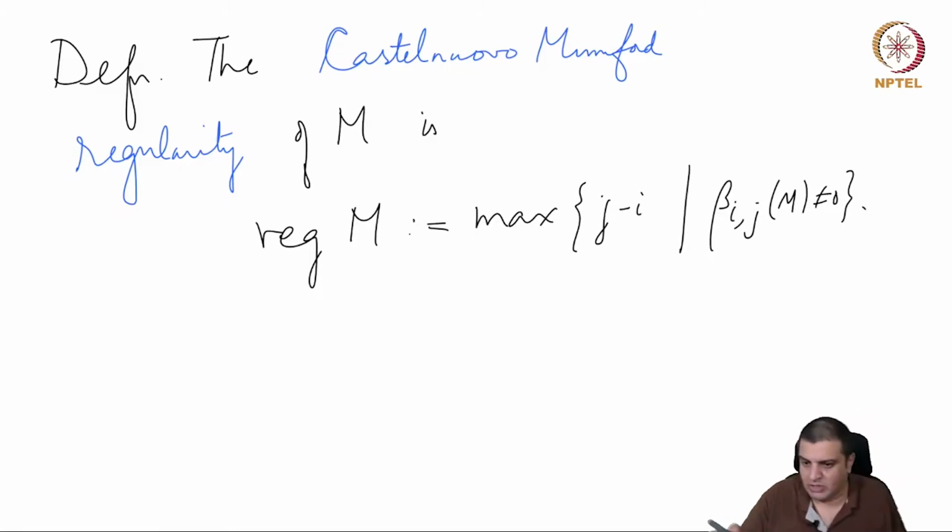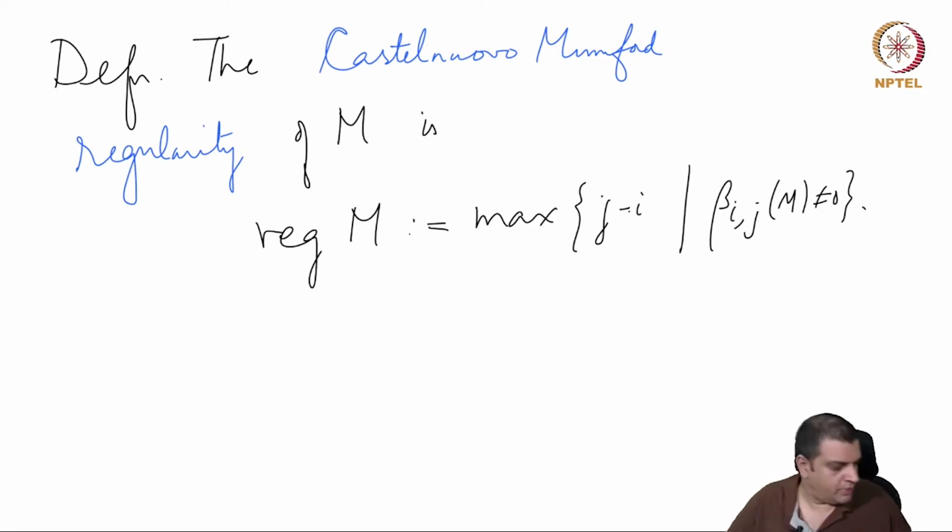Because it has a finite free resolution, for i greater than n, for every j this is 0, and for a given i there are only finitely many j where this is non-zero, so this maximum is indeed a maximum.